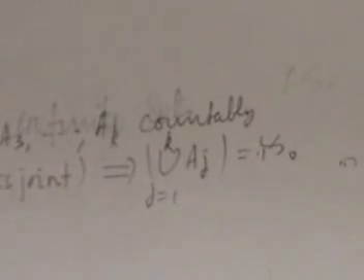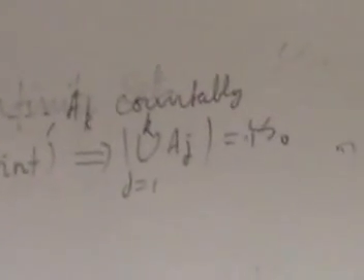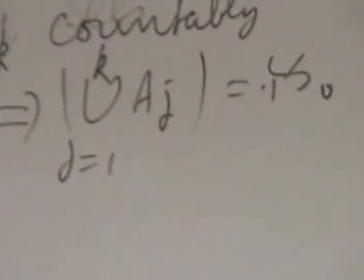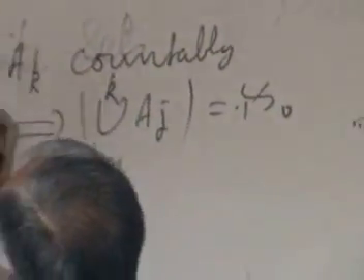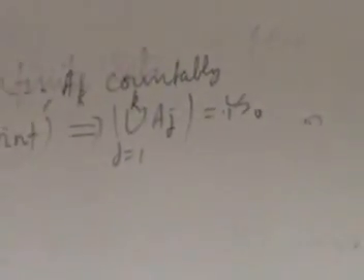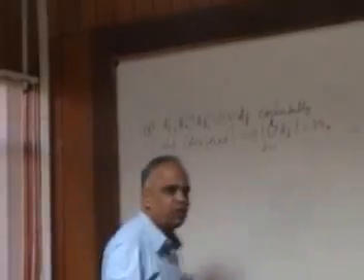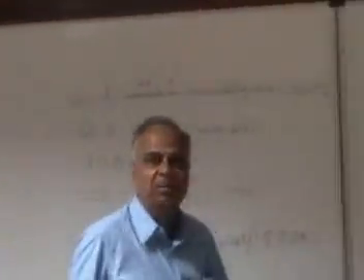Now more strange is, even if we take a countably infinite number of countably infinite sets, take a sequence A1, A2, A3, A4, ..., Ak, etc., still the union is countably infinite. So really you have to work very hard to raise the level of infinity.